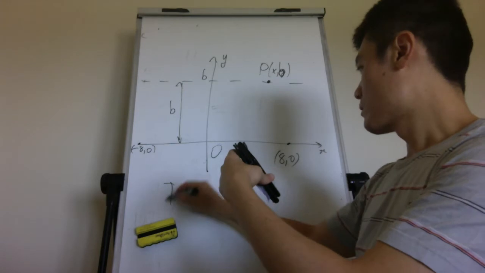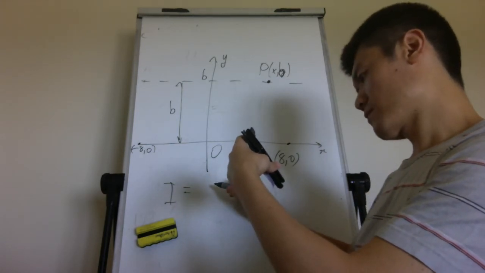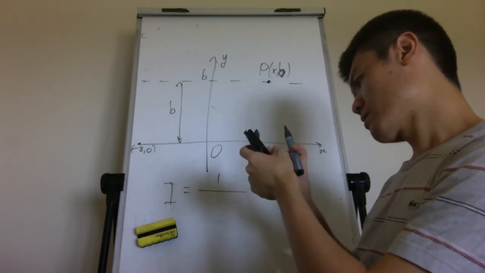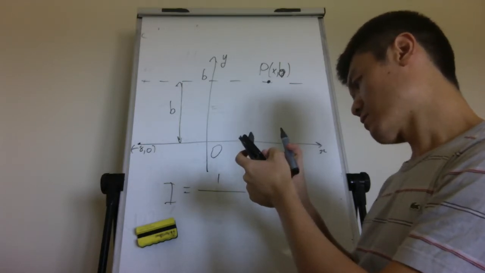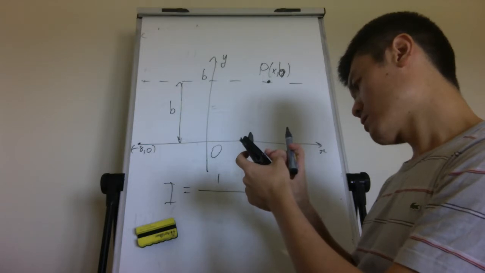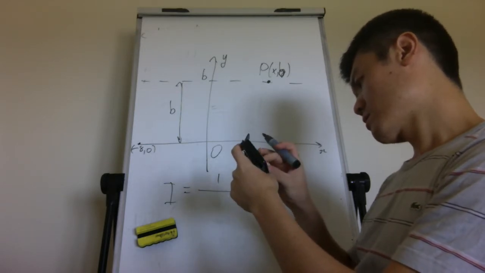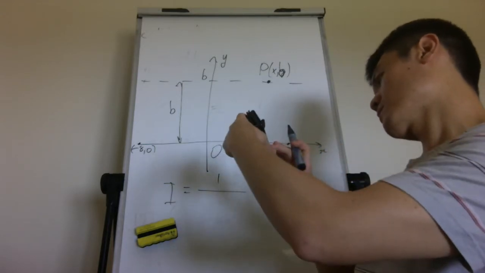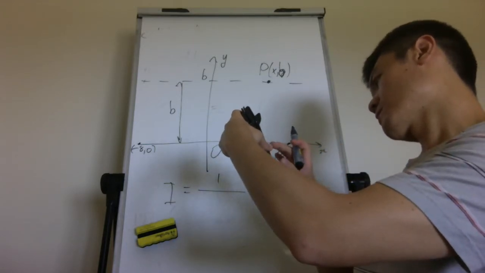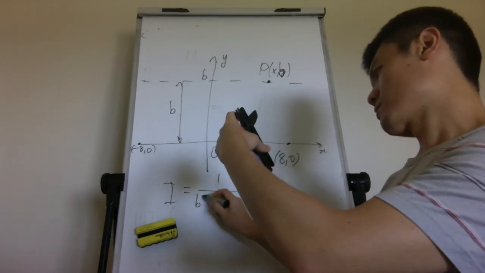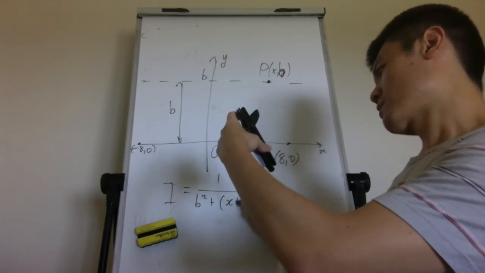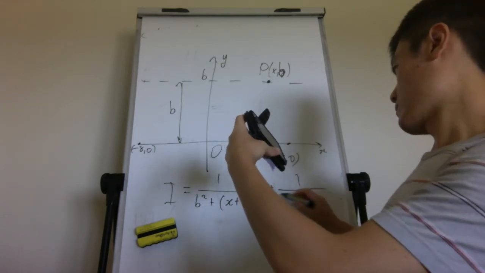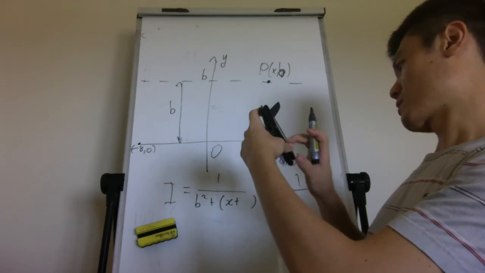So I equals 1 over, I can't read that, b squared plus x plus something squared, plus 1 over b squared plus x minus something squared.